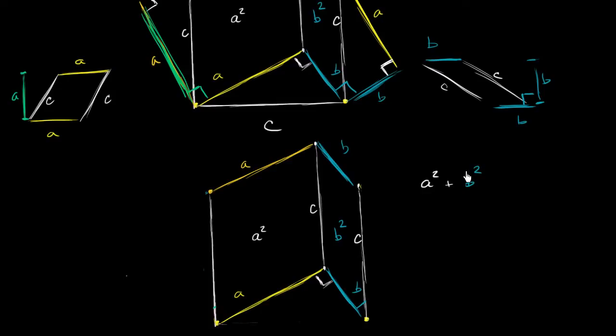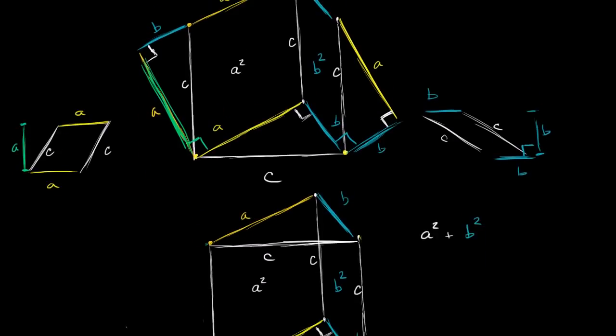Now, how can we rearrange pieces of this shape so that we can express it in terms of C? Well, it might have jumped out at you when I drew this line right over here. We know that this part right over here is of length C. This comes from our original construction.